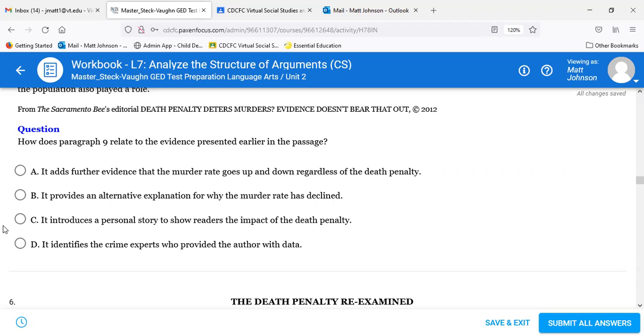A, it adds further evidence that the murder rate goes up and down regardless of the death penalty. B, it provides an alternative explanation for why the murder rate has declined. C, it introduces a personal story to show readers the impact of the death penalty. Or D, it identifies the crime experts who provided the author with data.